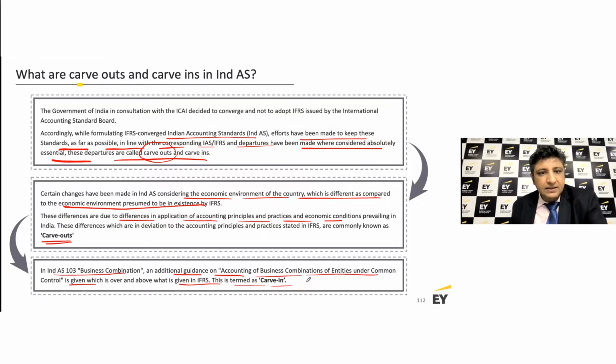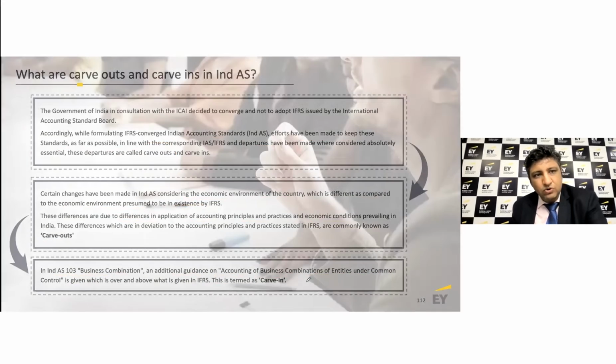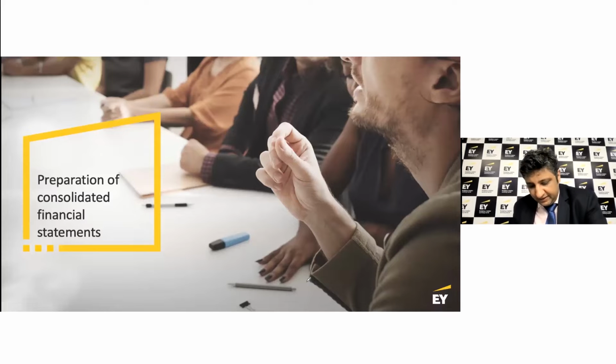Now, what we also want to talk about as a part of Ind AS 1 is that so far our discussion has been around standalone financial statements. There was a brief reference, of course, when we mentioned the non-controlling interest in the beginning, and we said that we want to take it in the context of group accounting, and we shall do that.